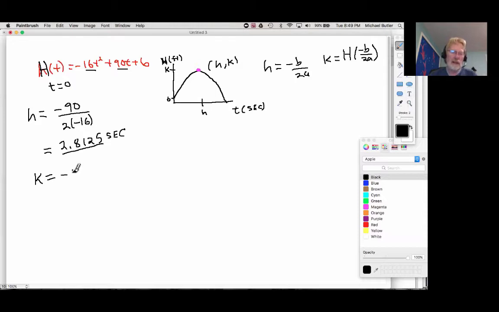So that's going to be minus 16 times 2.8125 squared plus 90 times 2.8125 plus 6. You guys got your calculators handy? Go ahead and do that one for me, please. Let's see what we get back for K. That one there was part A. We're working on part B right now, okay?